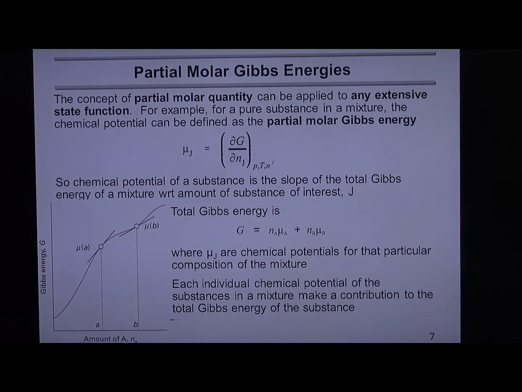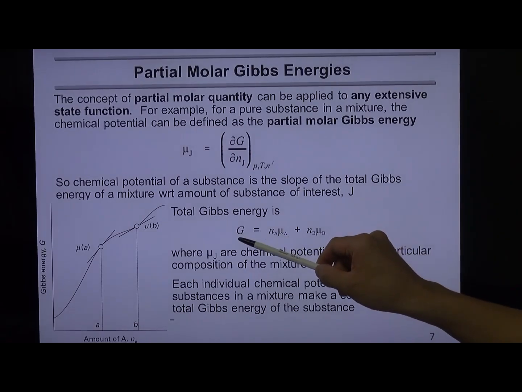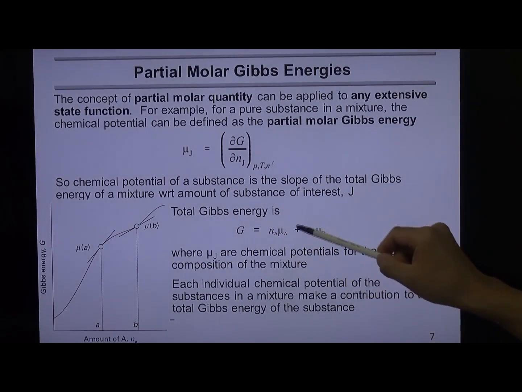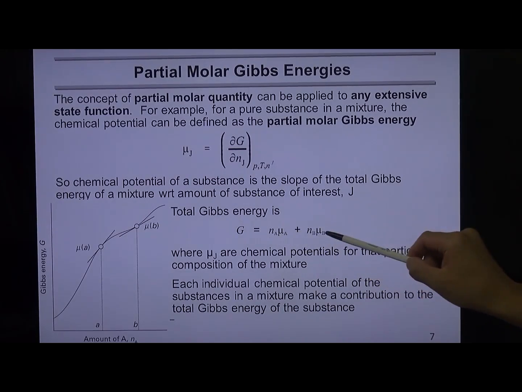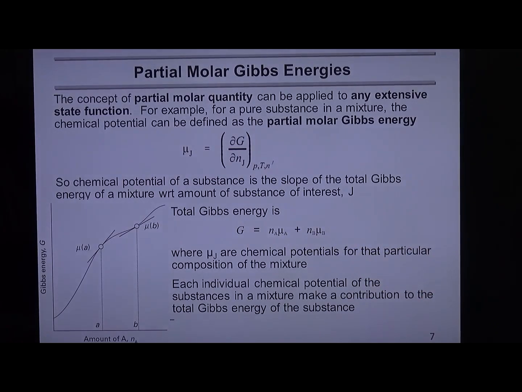Alright. So here what we can find is that total Gibbs energy changes when the number of materials changes, when compositions are changed. Right? Up to chapter 4, we only considered pure substances or closed systems.